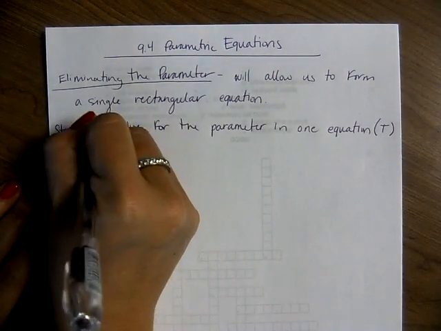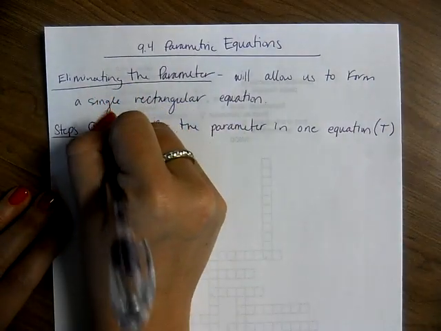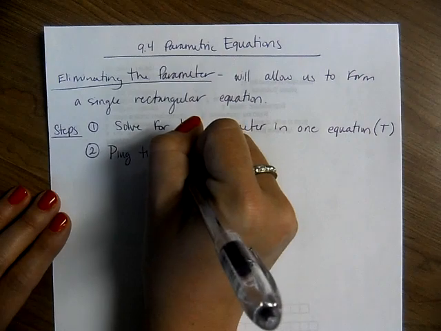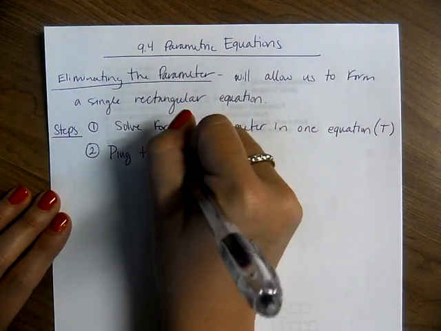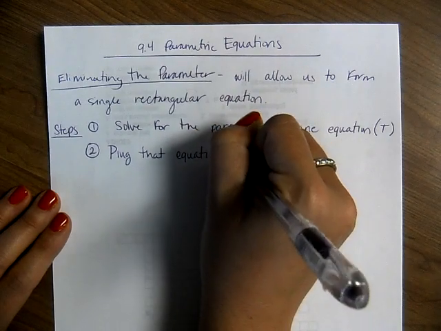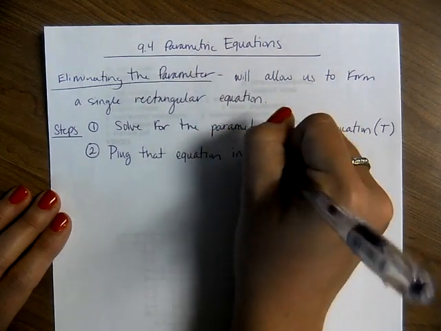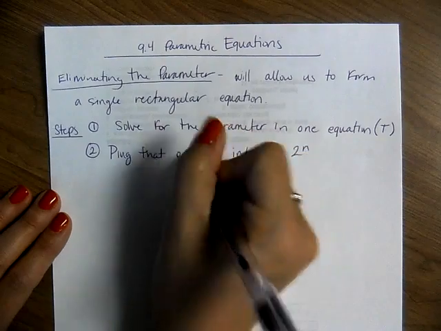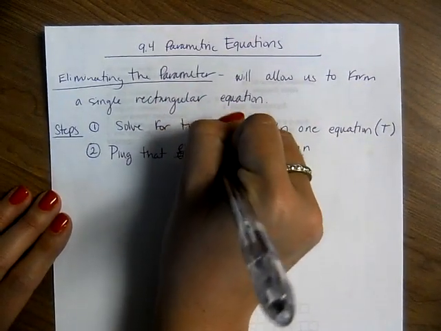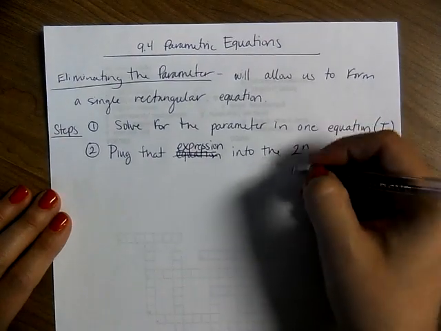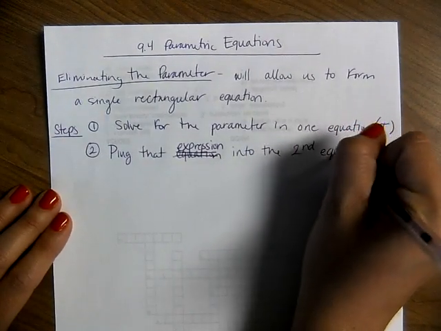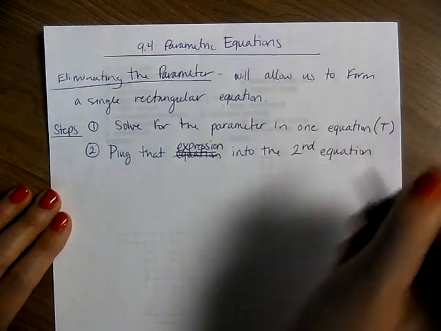Step 2, you plug that equation into the second equation. Well, actually it's not an equation, right? It's an expression that we're going to plug in. That's better terminology. So we're going to plug that expression into the second equation, and then you just simplify it.